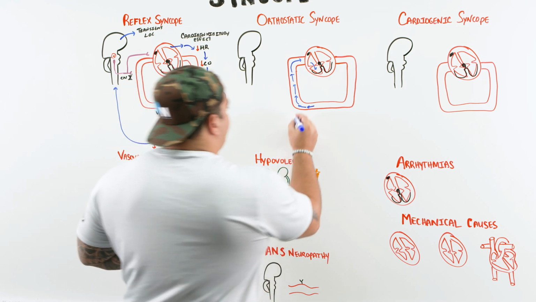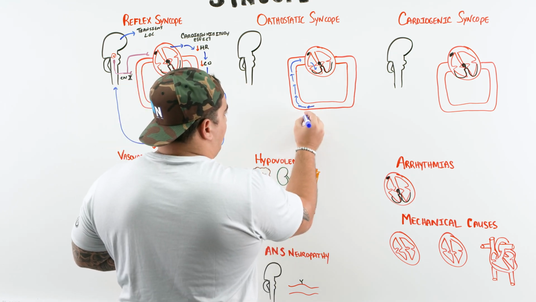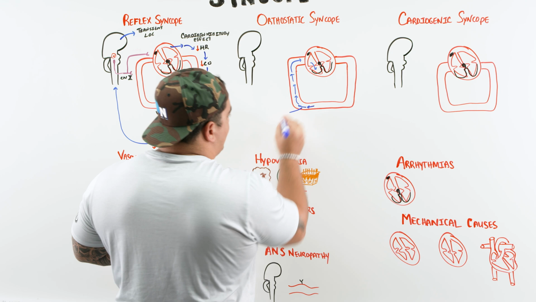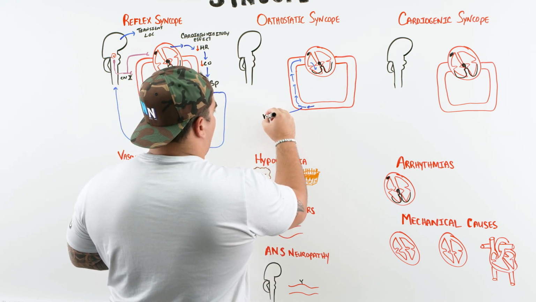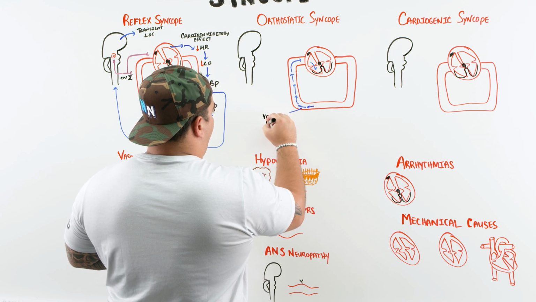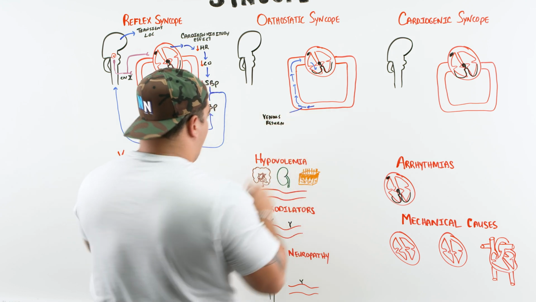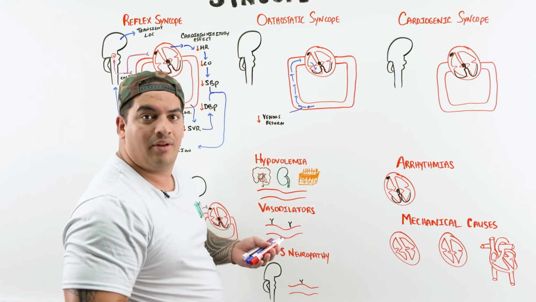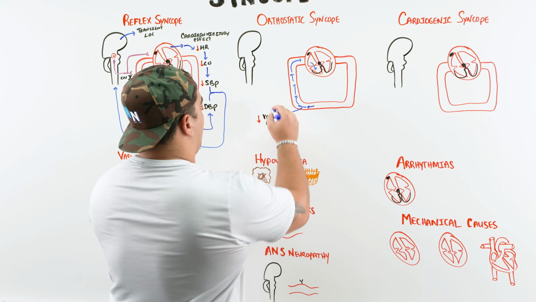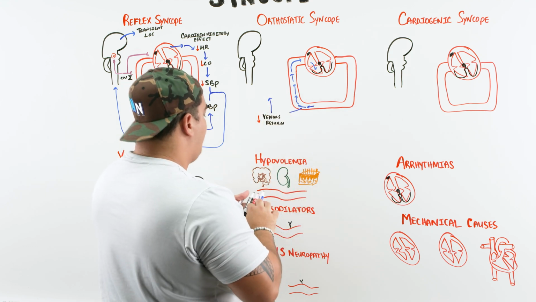But in some patients, let's say this pathway is affected, and they have a very low venous return. When venous return is extremely low, you don't fill the heart. What is that called when you have less filling of the heart?